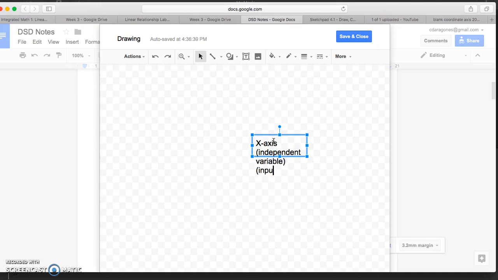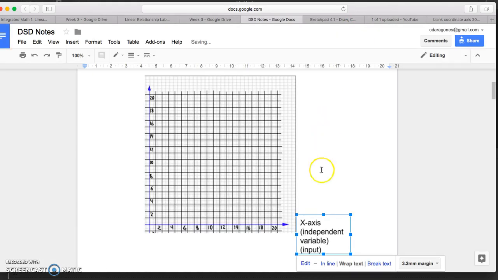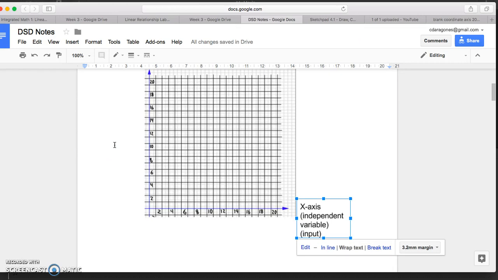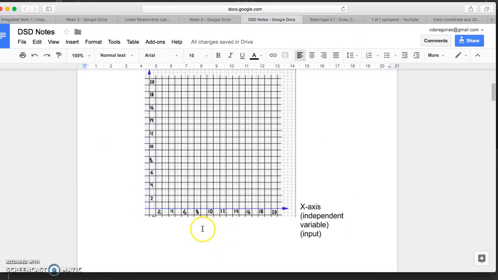And it's your input, right? That's another way we've been saying it. In this case, our input is cups of brown sugar. So it's always good to label the specific unit you are looking at. In this case, we are looking at cups of brown sugar. So it's always important to write what your x-axis actually is.